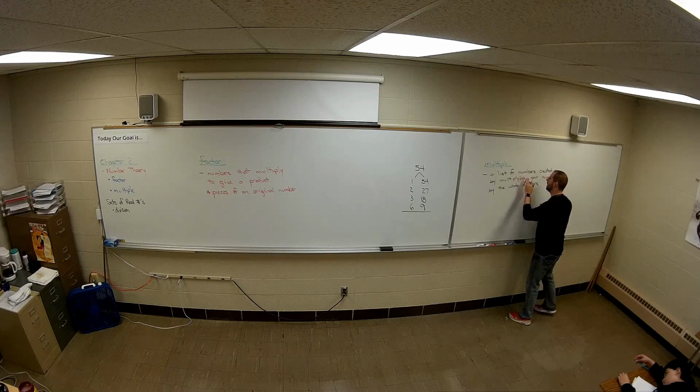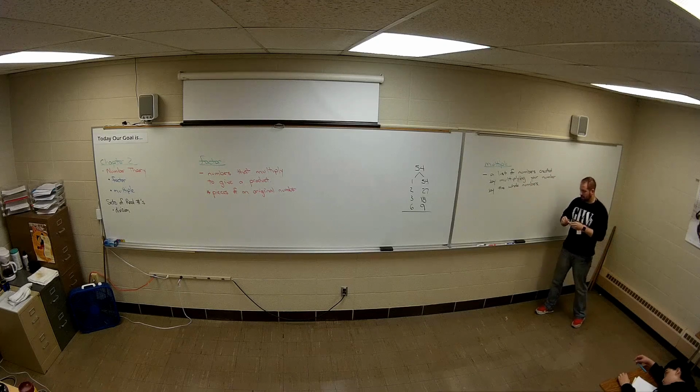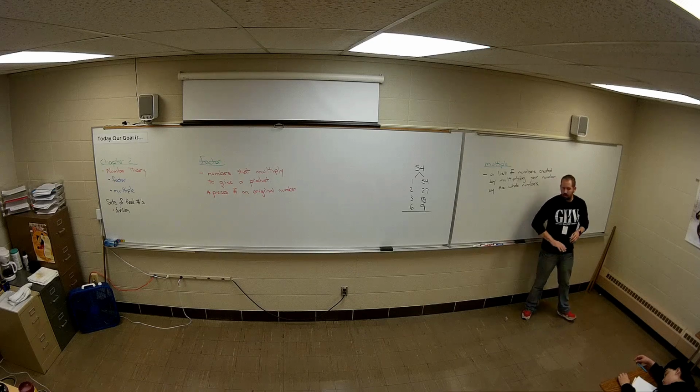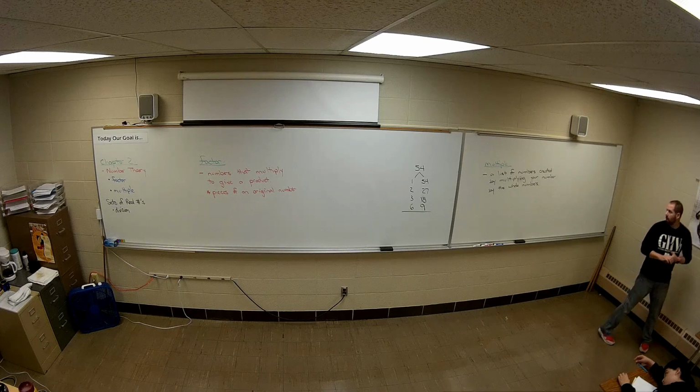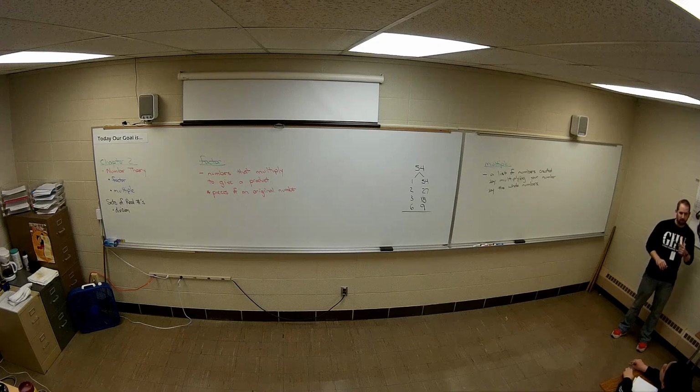Now I'll let you write that down. Okay, so it is a list of numbers created by multiplying your number by a bunch of whole numbers.